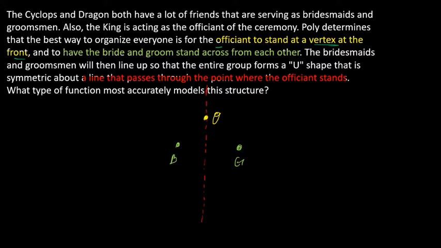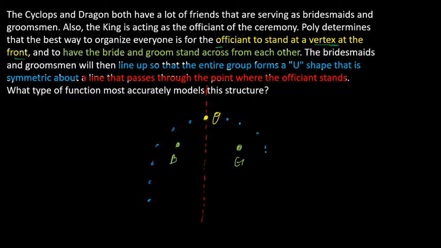And then we have the bridesmaids and groomsmen around it, right? They line up so that the entire group forms a U shape that is symmetric about this line that I've just drawn. So what would that look like? That might be something like this, right? Kind of a U shape.